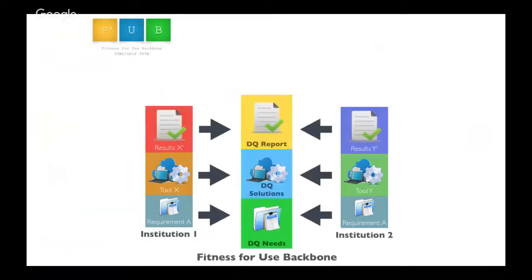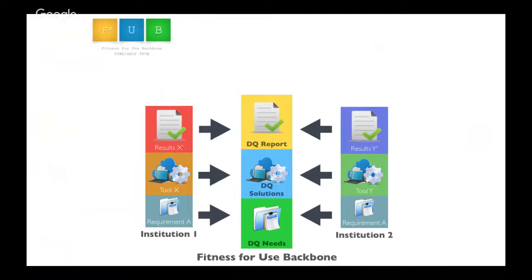So based on this common ground, this conceptual framework, we could implement some tools that serve as a fitness for use backbone, where we can map all of the requirements that exist, map all the tools and methods used to solve those problems, and also map all the results generated in a common way.